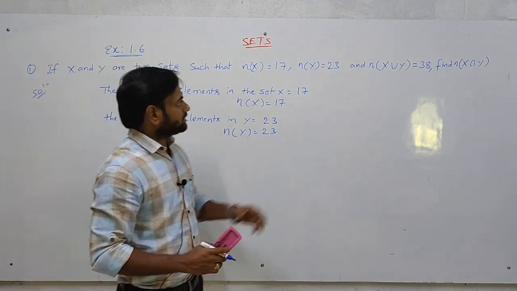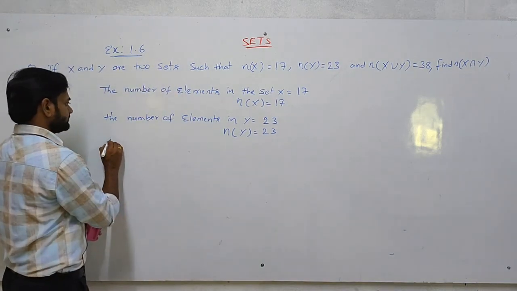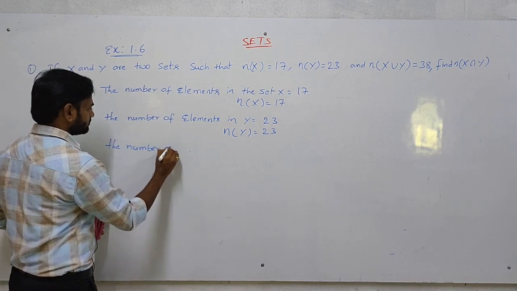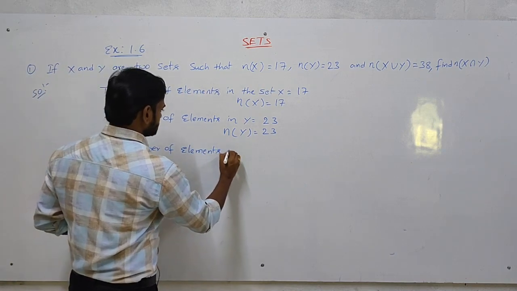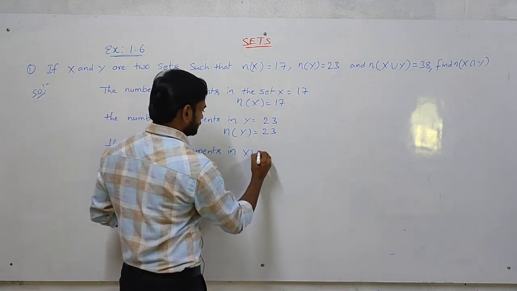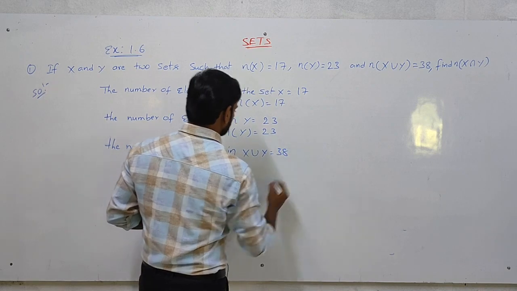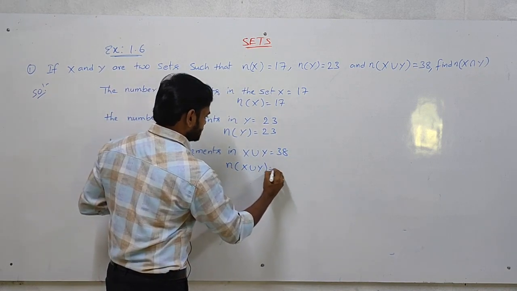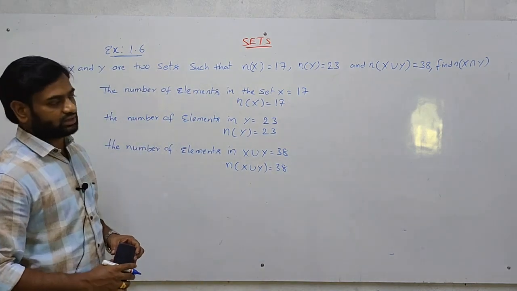Next, what is given? n of x union y. That means the number of elements in x union y is 38. So n of x union y is equal to 38. Now what do we have to find finally?